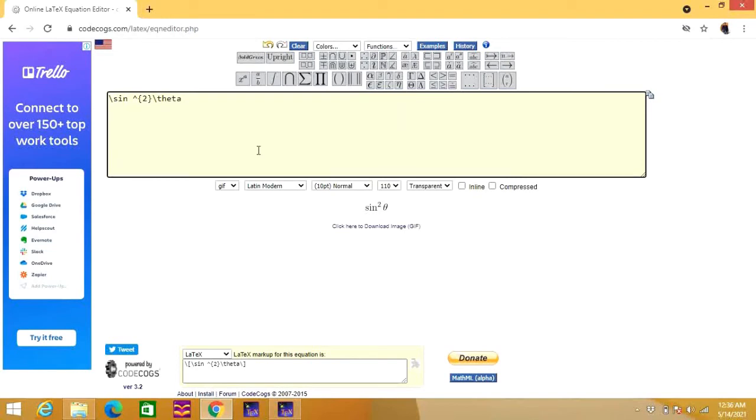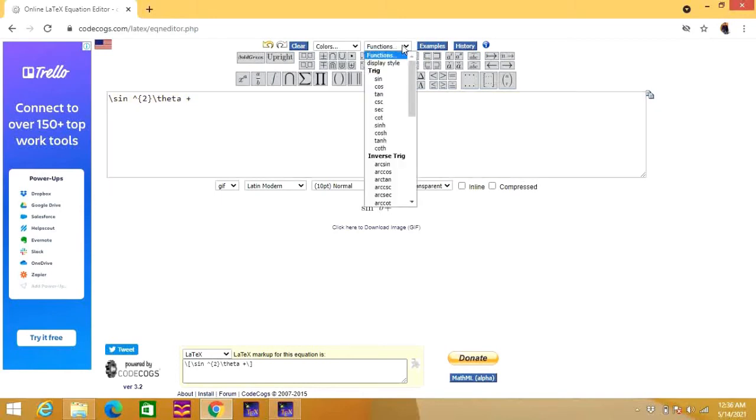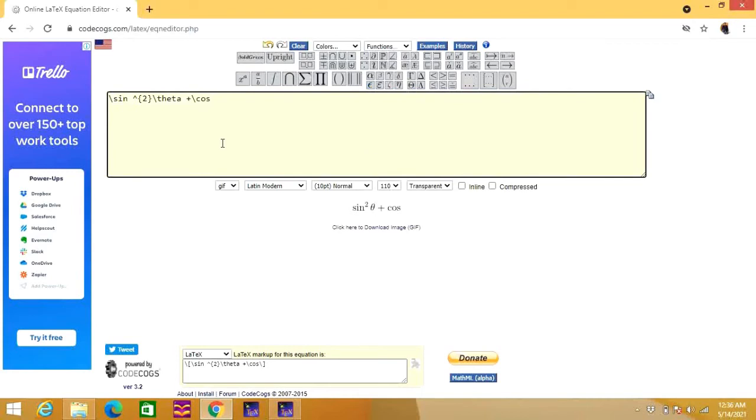Now we need plus cos square theta. For that we need the cos term. Take the cos term here, and now we need square, so we need to take superscript from here. Write here 2. Now it will come here as square. Now we need to take the theta term, so you can take theta by clicking over here: sin square theta plus cos square theta, which is equal to 1.